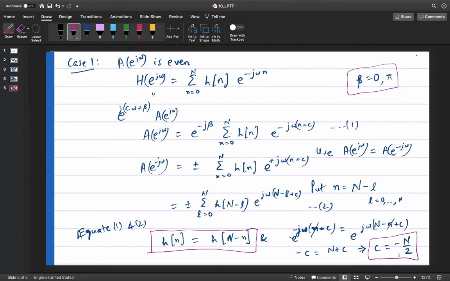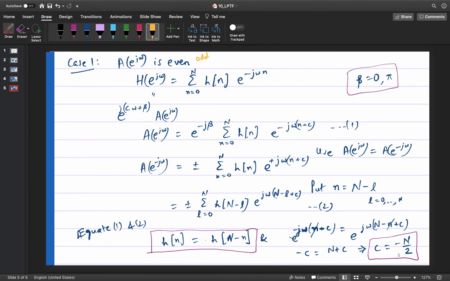And similarly, if we do for the odd case, let me do it here itself, let's say with a yellow pen. So if it is odd, then what will happen? Then this thing remains same. My e to the power j omega, this becomes negative, right? Only here, instead of equating, it will become a negative sign.